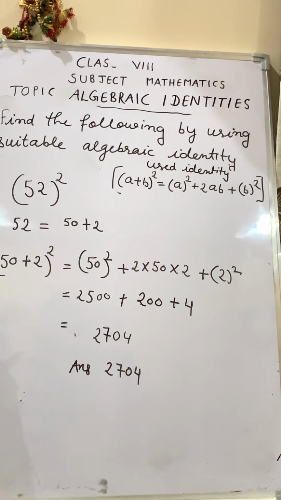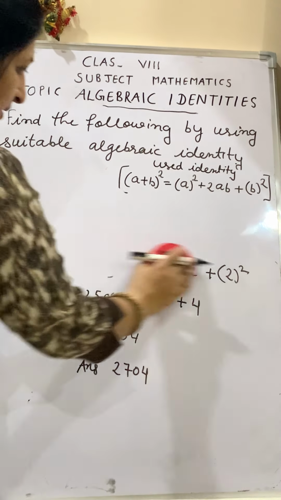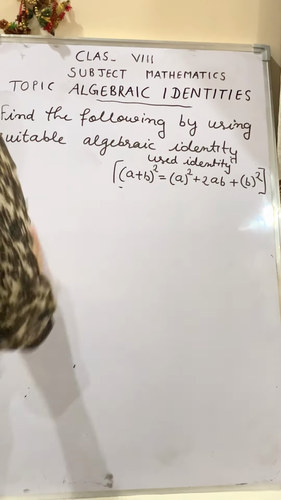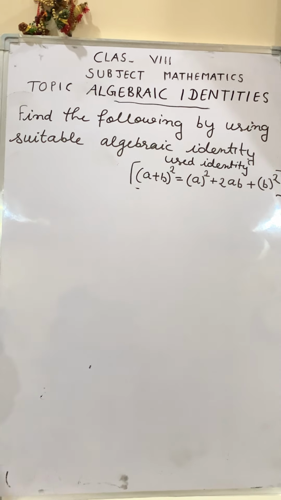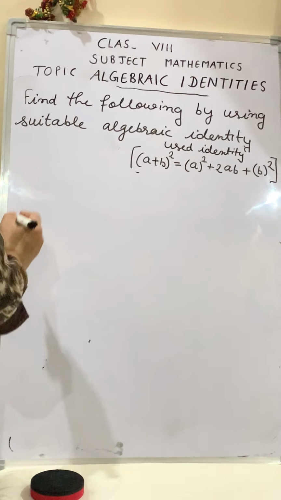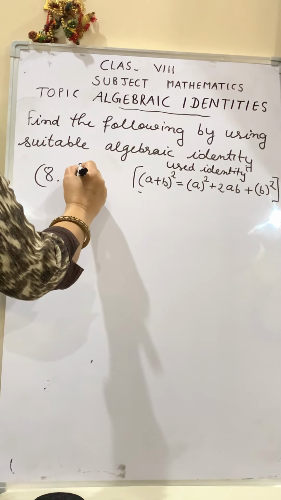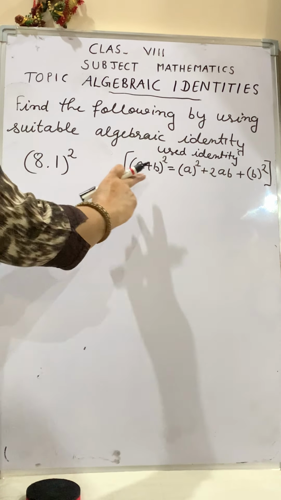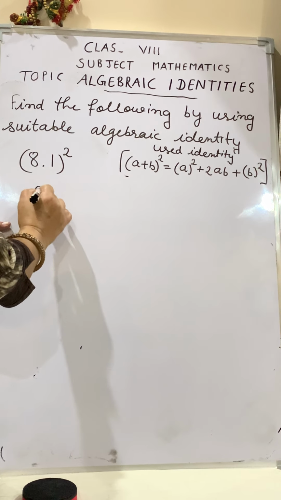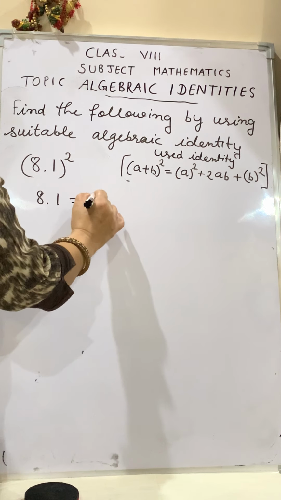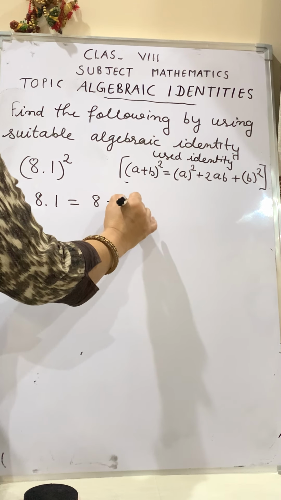One more example. If you have to find out the value of 8.1 whole square, same, we will write it as a sum of two numbers. 8.1 is 8 plus 0.1.